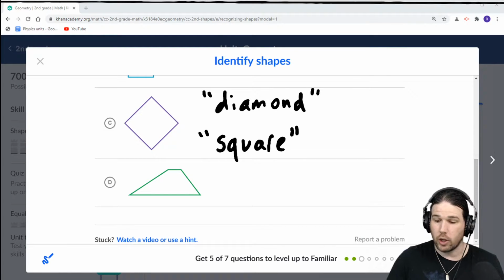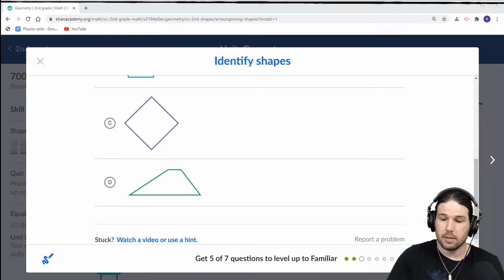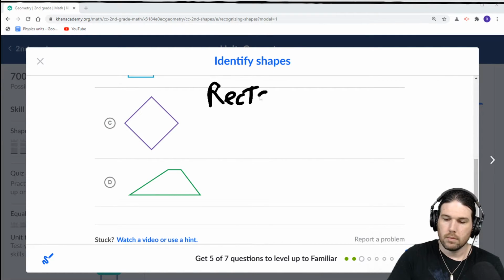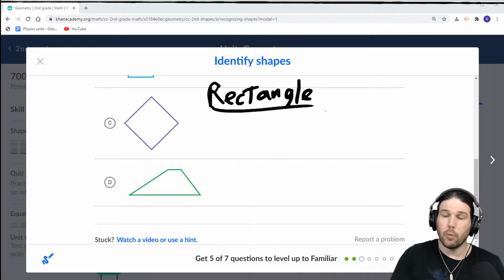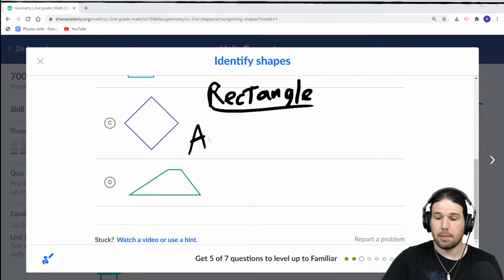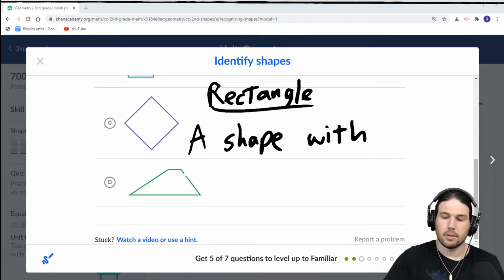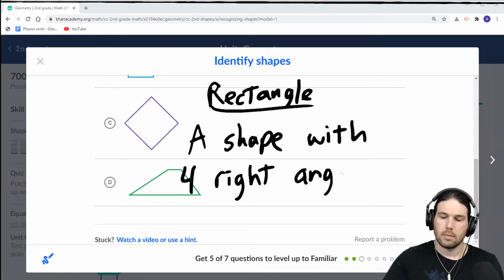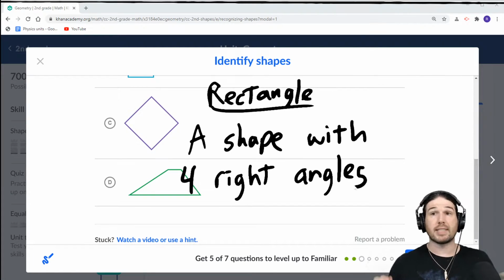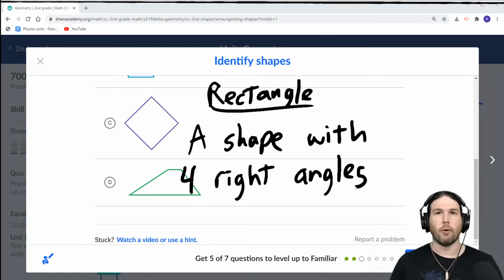A rectangle, all rectangle means is a shape with four right angles. Specifically, exactly four right angles.